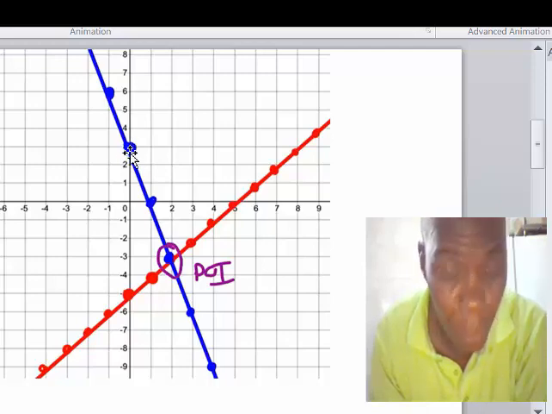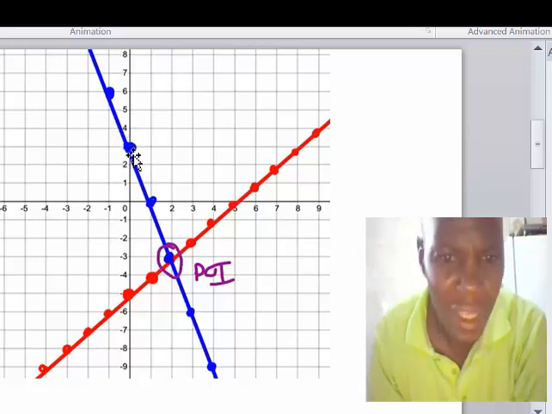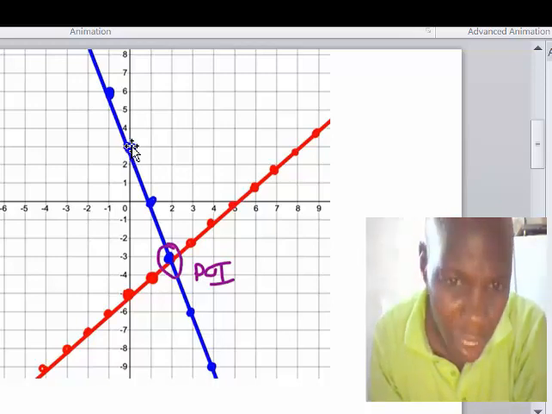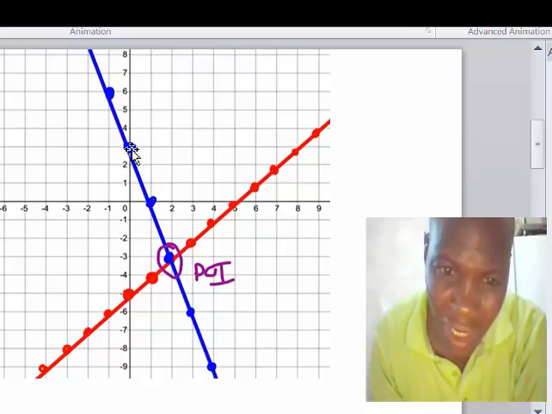In this case, you have a positive 3, which on the Cartesian plane is obviously above. If your slope is negative, you go down.